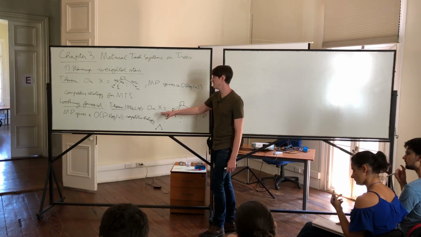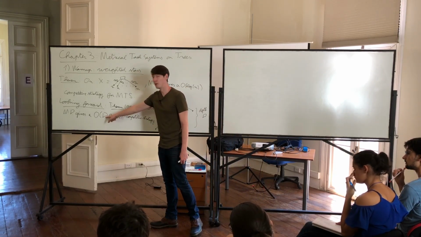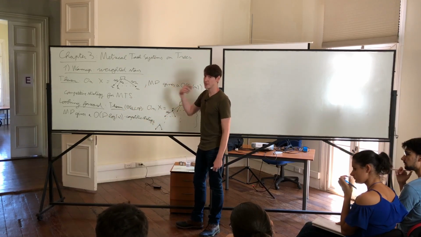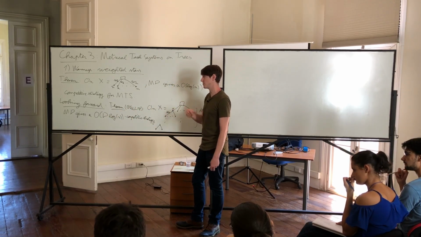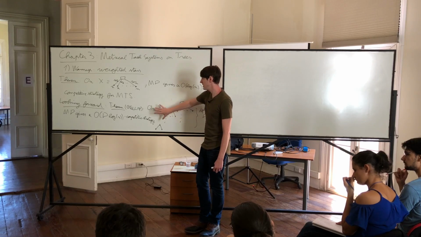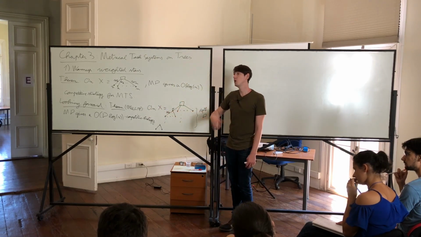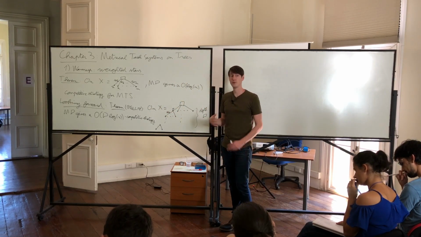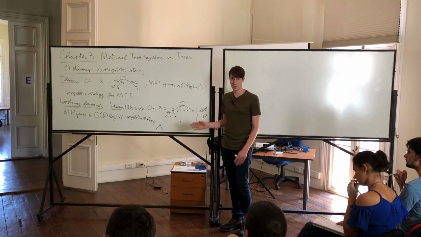So what this will mean is that D in general will be log n, and there is another log n that comes from the approximation of general metric by tree metric. So this theorem by itself gives you a log cube n for general metrics, for arbitrary metrics.